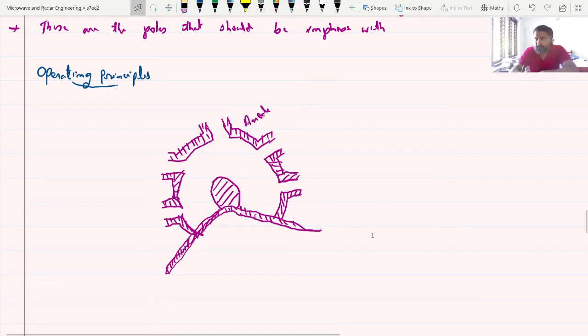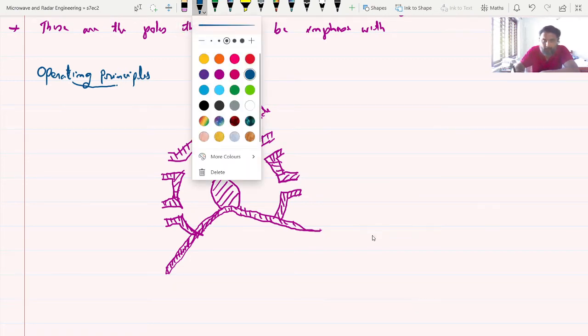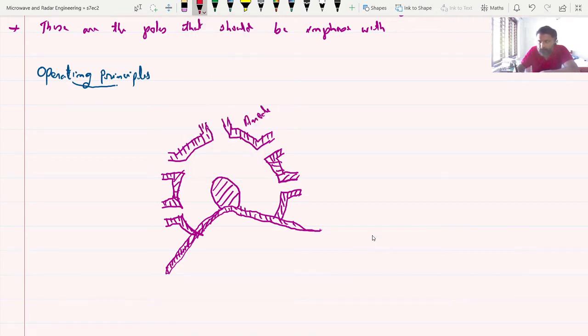In the absence of oscillation, the electron motion will be radial with the magnetic field being 0. That I am showing with the electron path A1, which I will write in red.